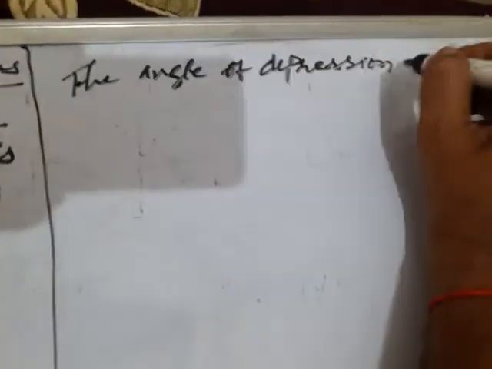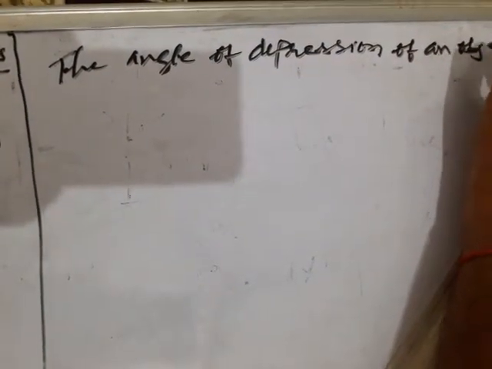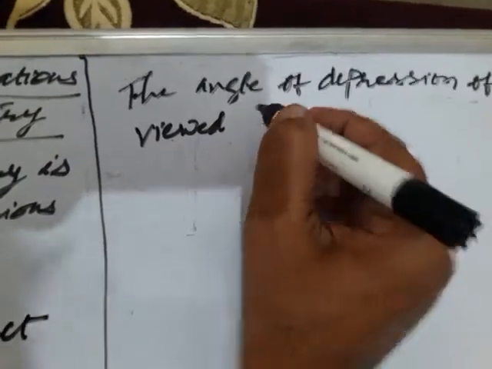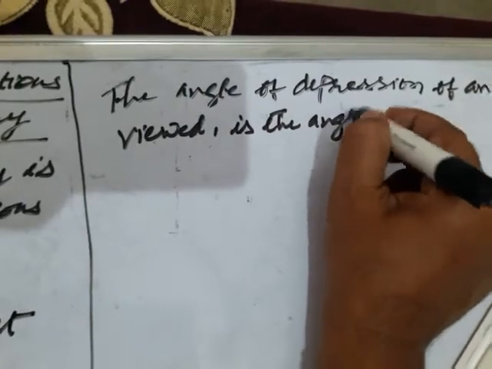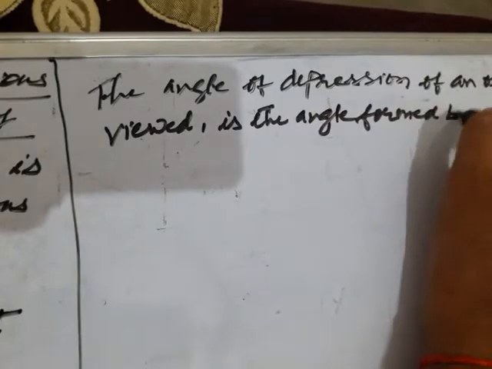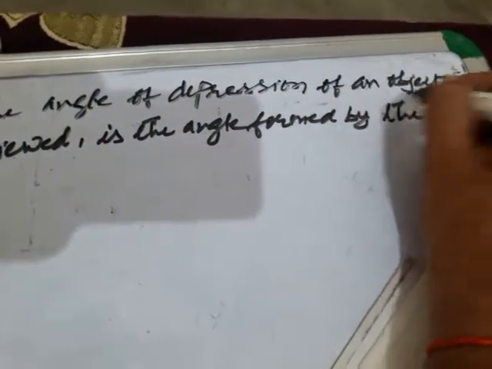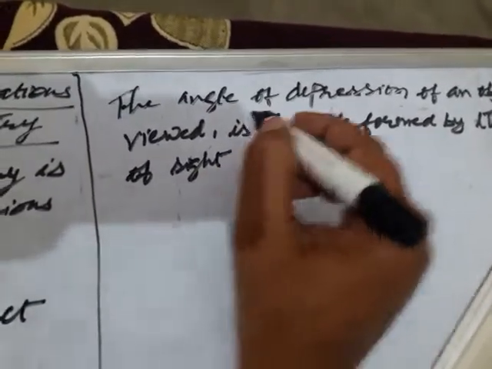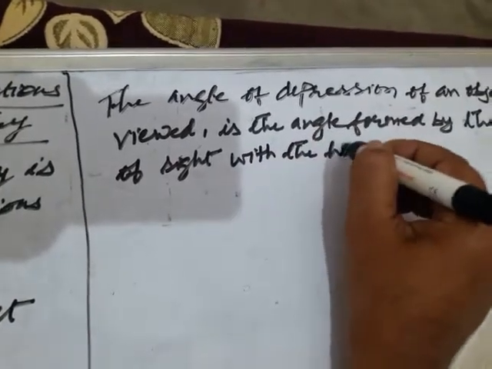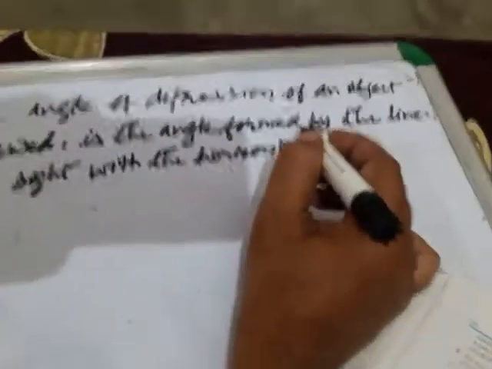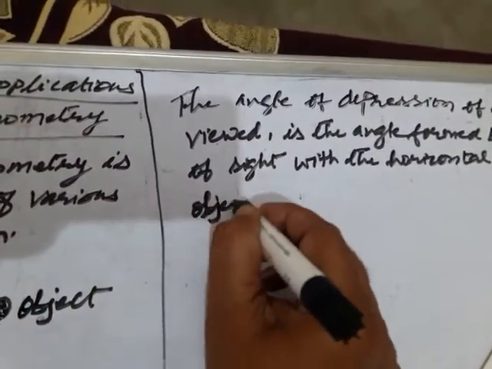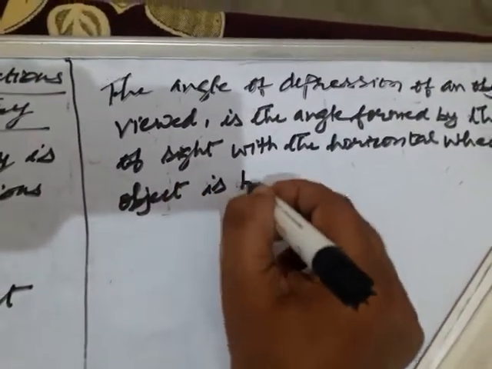The angle of depression of an object viewed is the angle formed by the line of sight with the horizontal when the object is below the horizontal level.